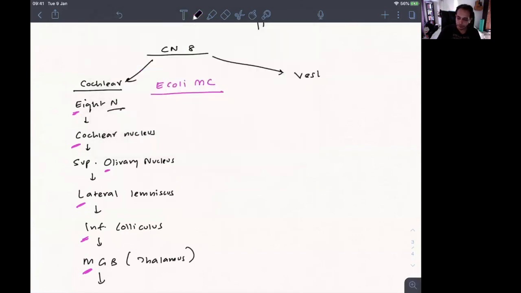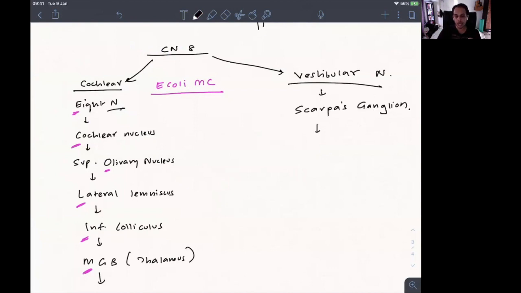Now let's talk about the vestibular part. What happens to the vestibular part of the 8th nerve? Again, it will leave the utricle and the saccule, and end up in the brainstem. Just before it enters the brainstem as the vestibular nerve, there is a ganglion known as Scarpa's ganglion.